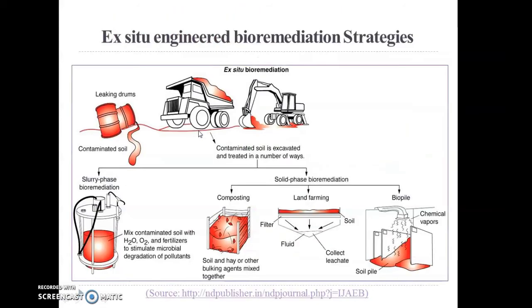Okay, so next coming to ex situ engineered bioremediation strategies. When a leak or contamination of a site occurs, the contaminated soil or water can be taken to some other site, and the bioremediation taking place there is ex situ engineered bioremediation. The contaminated soil is excavated and treated in a number of ways.